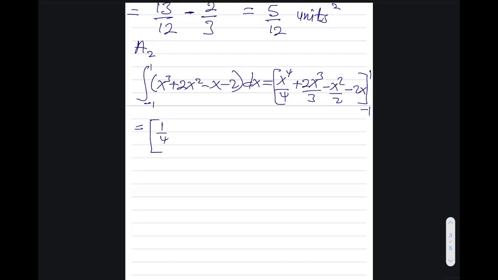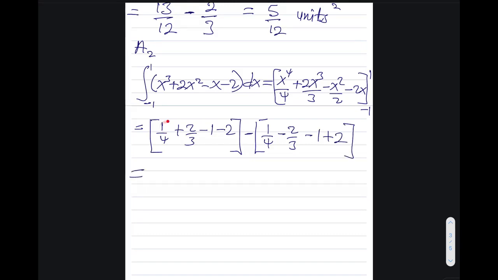We will get 1/4 plus 2 on 3 minus 1 minus 2, then minus. If we put -1 in each of these instances, we will get 1/4 minus 2 on 3 minus 1 plus 2.